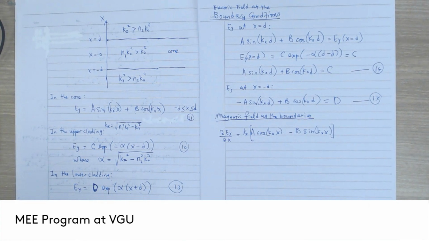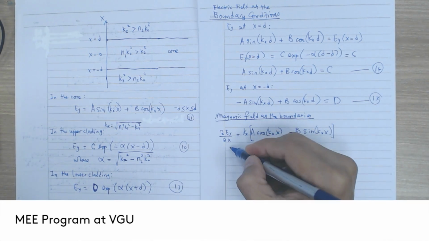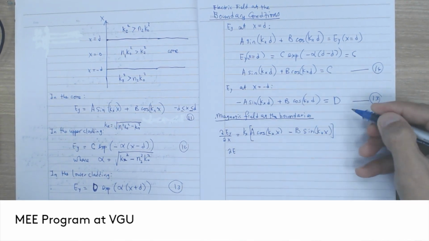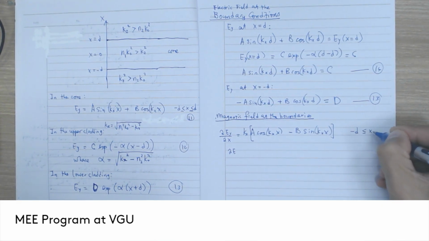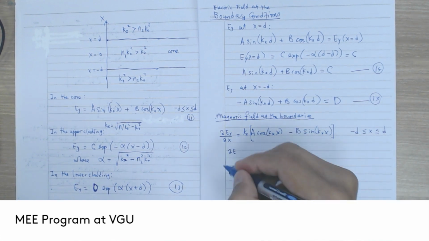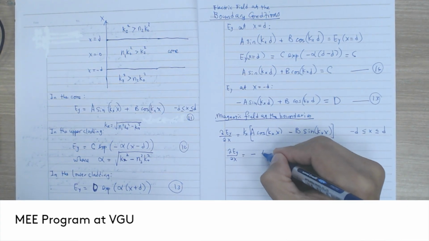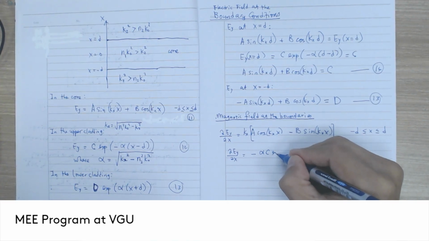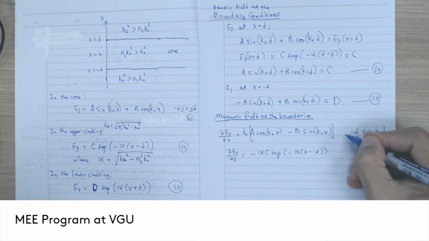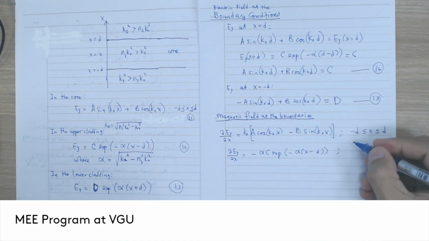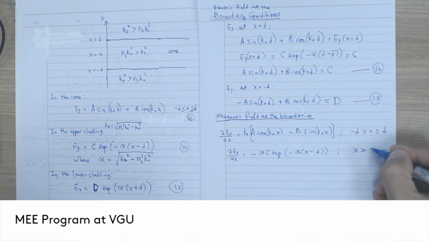This is one, and if we differentiate this one, then for the core, and minus alpha c, this is for the upper cladding, so x is greater than d.